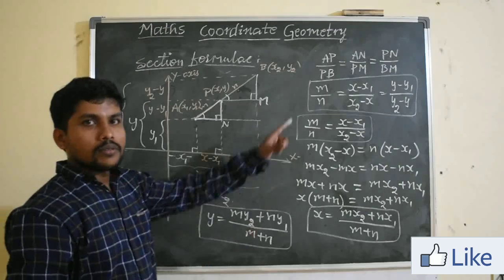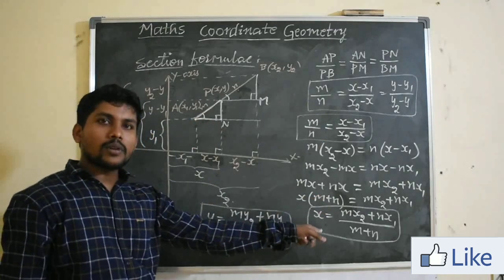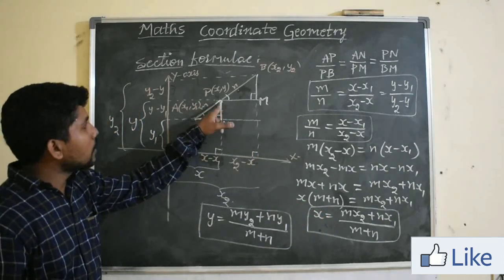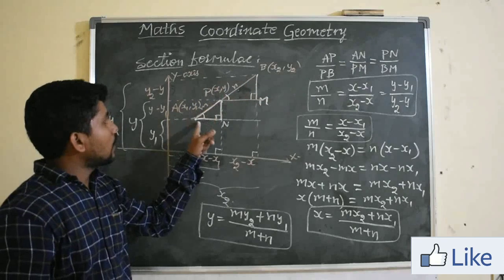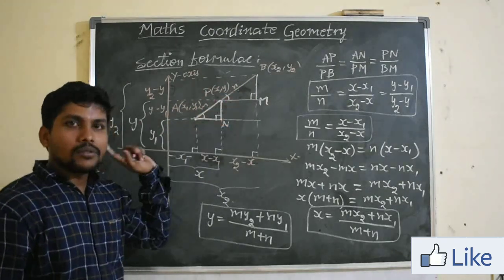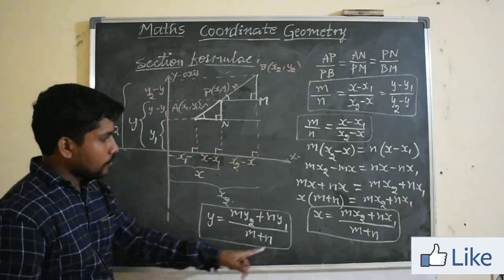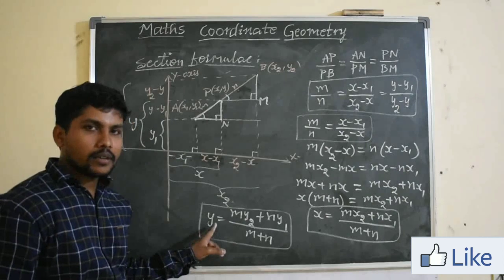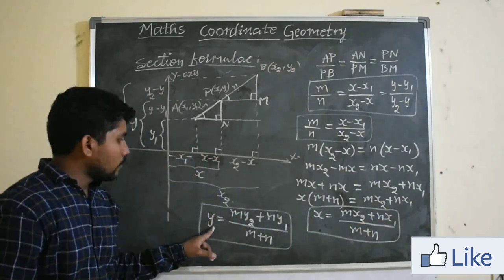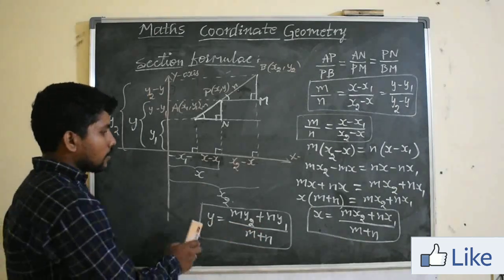This is how we derive the section formula, which is nothing but finding the coordinates of a point P, which is dividing a line segment joining two points in some ratio m is to n. Now the point P coordinates will be x comma y, where x is mx2 plus nx1 by m plus n, and y is my2 plus ny1 by m plus n.